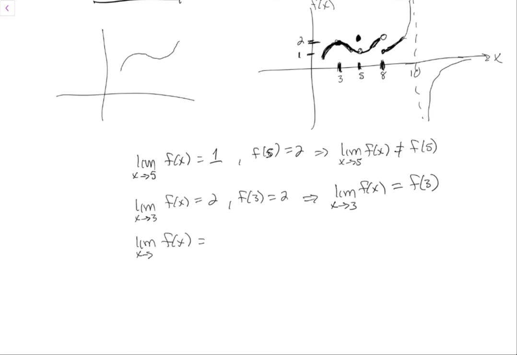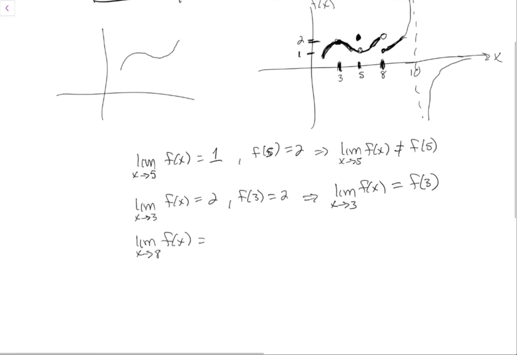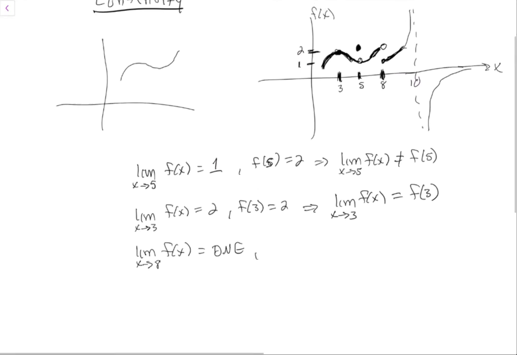So in this case, as we approach 8, the two-sided limit does not exist. Now we do have a function value there. The way that I sketched this graph, f of 8 was equal to 1. But notice, I'll say it in this manner because this is how we define continuity.